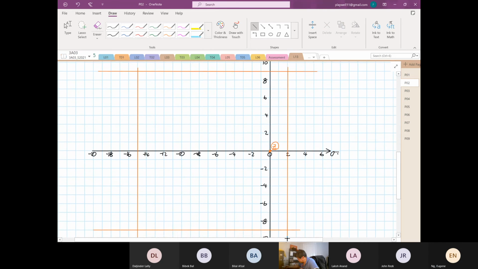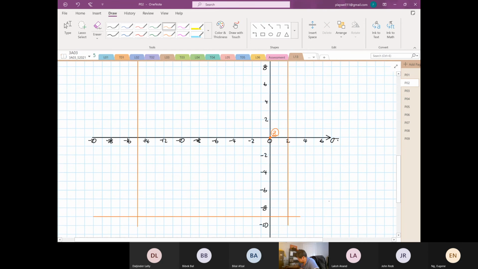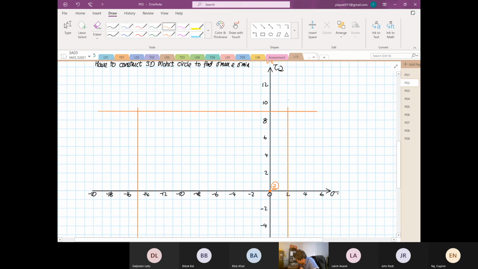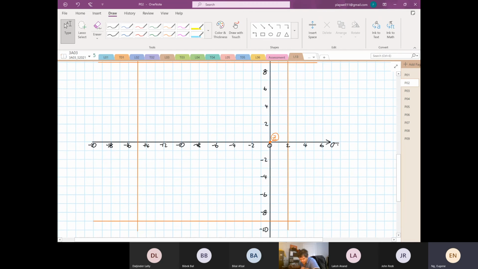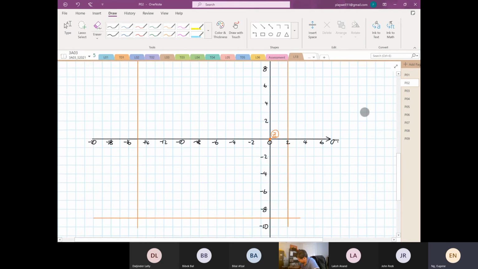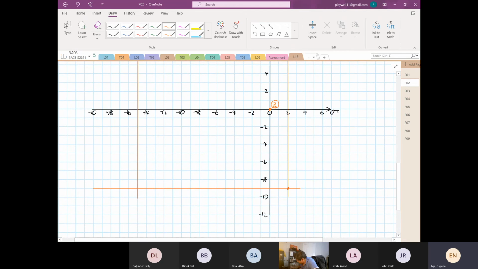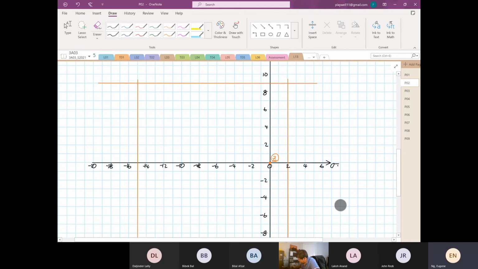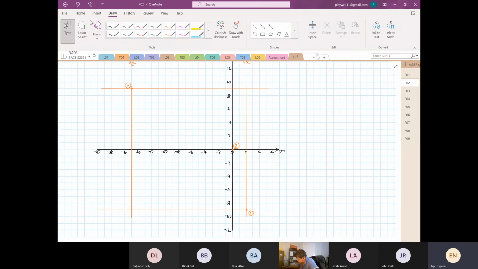So this is your stress X line, and this is your stress Y line. The element rotation: point X will be anti-clockwise at 9,000. So this is your point X, and this will be your point Y. Now you can draw a straight line.